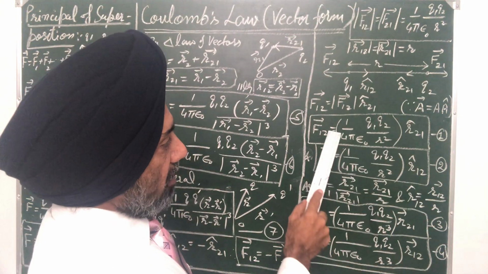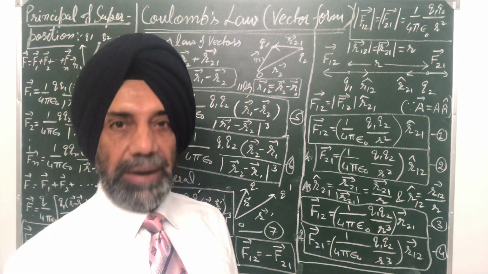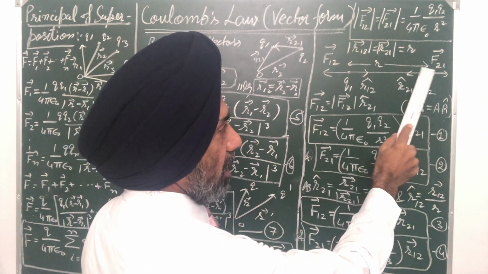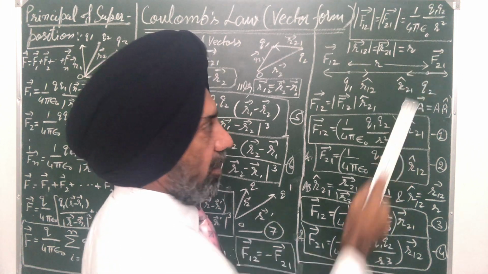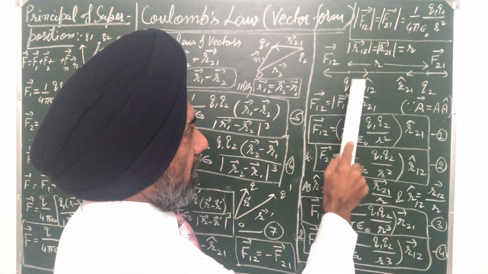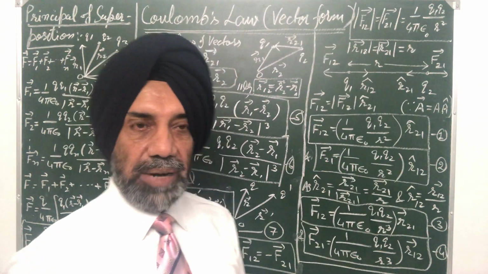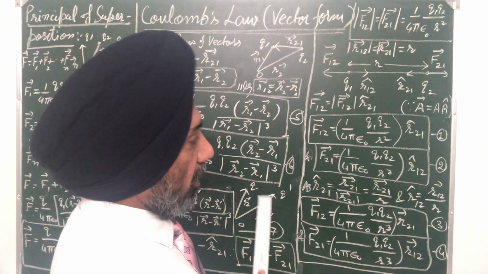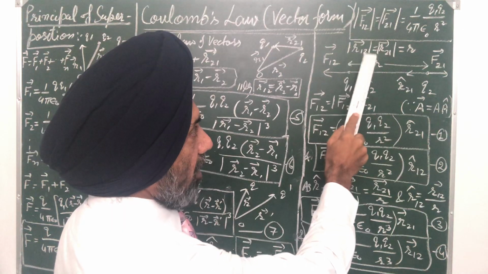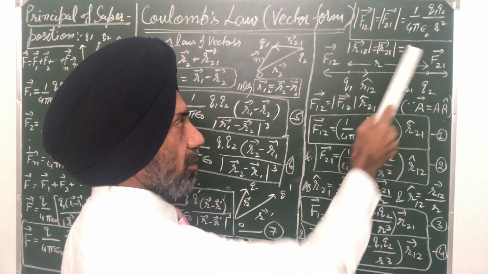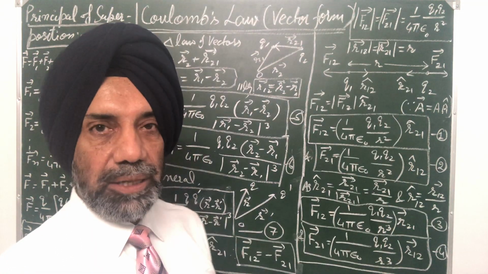Now, if we have to write these equations in terms of displacement vector, the displacement vector is the vector drawn from one charge to another charge. Let R12 vector be the displacement vector from Q1 to Q2, and R21 vector the displacement vector from Q2 to Q1. Then R12 magnitude is equal to R21 magnitude is equal to R, the separation between Q1 and Q2.